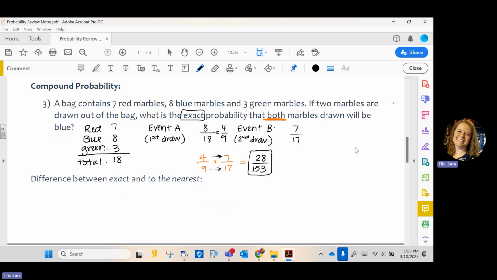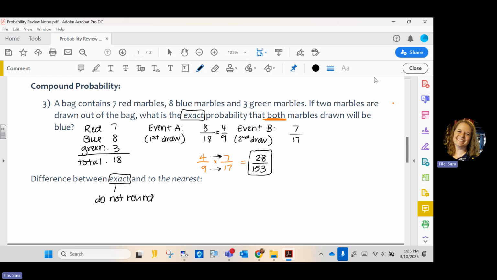Okay, I think most of you know the difference in exact and to the nearest. Exact just means we do not round. So if you do your division here and it comes out as a long decimal that cuts off, we're not going to approximate and round that.